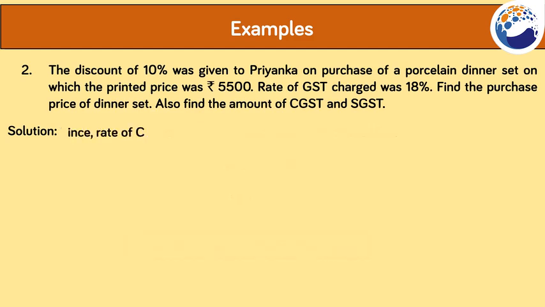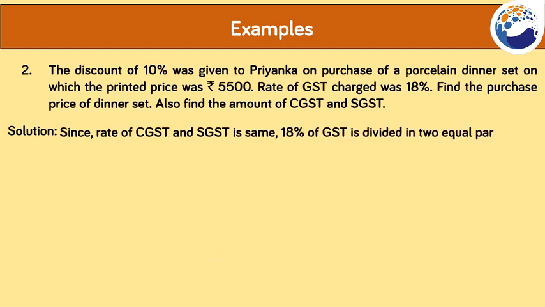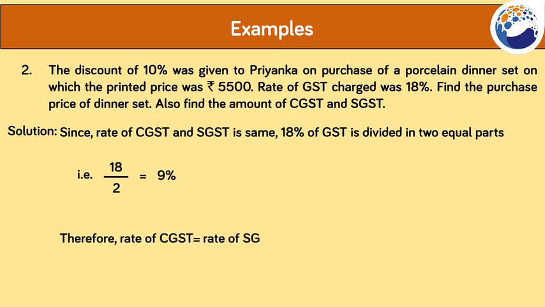Since rate of CGST and SGST is the same, 18% of GST is divided into two equal parts, that is 18 upon 2 is equal to 9%. Therefore, rate of CGST is equal to rate of SGST is equal to 9%.